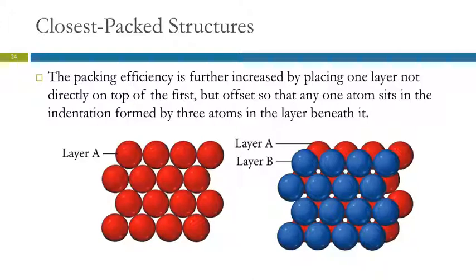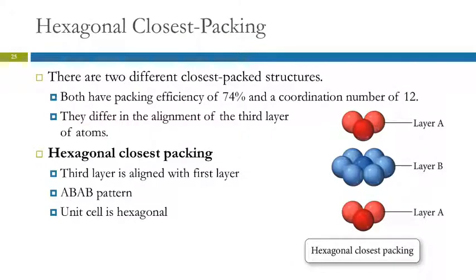So we've got layer A and layer B, and then we also have a choice when we stick the third layer on. So both of these are closest packed structures, but one is an AB-AB pattern and the other is an ABC pattern. So here we have layer A, layer B, and then layer A again.